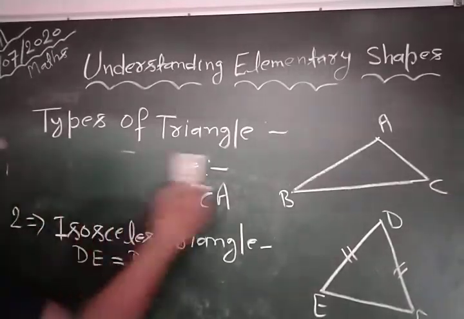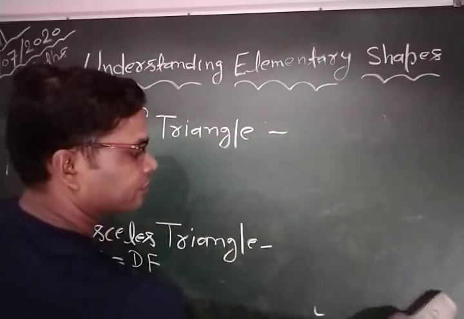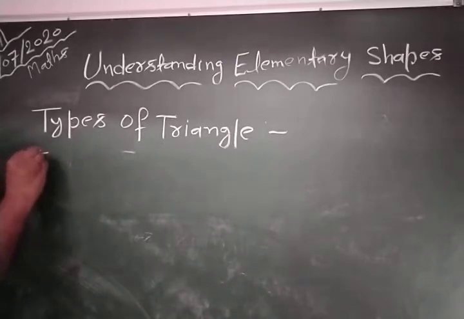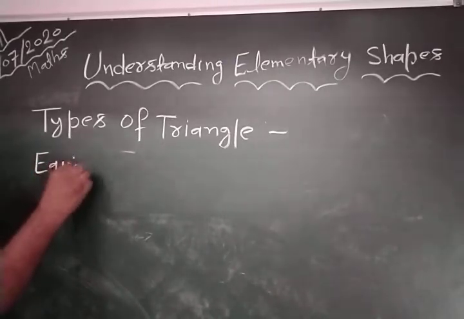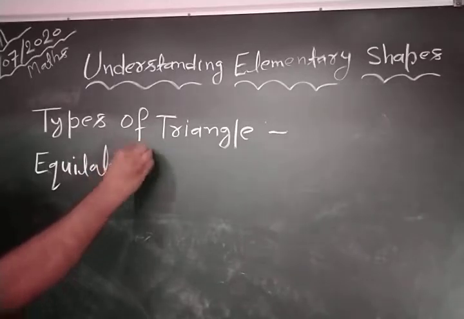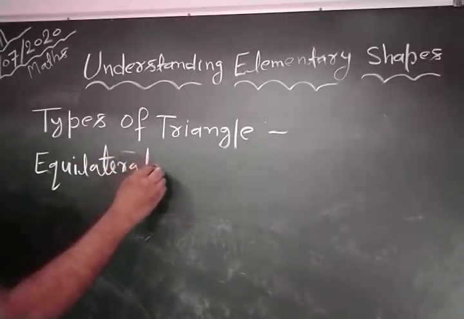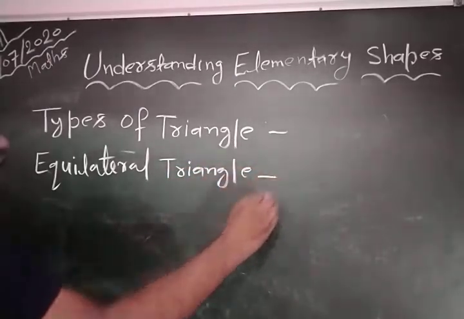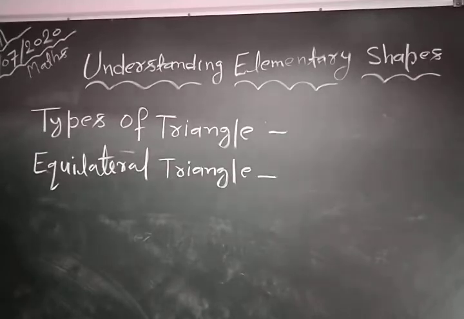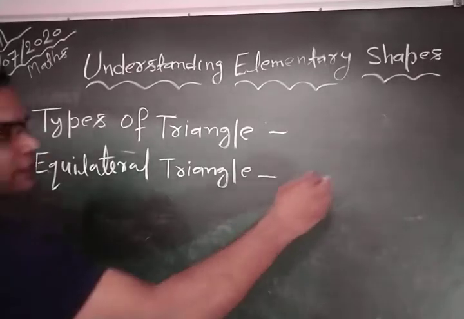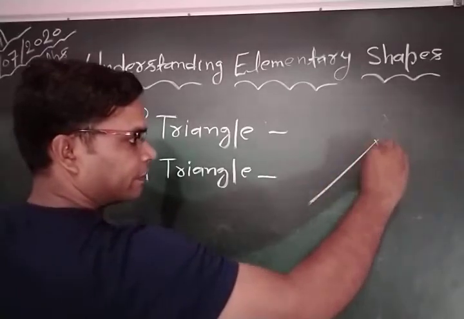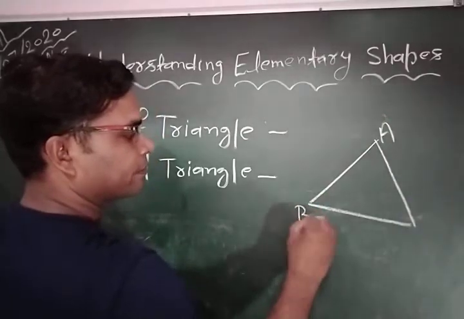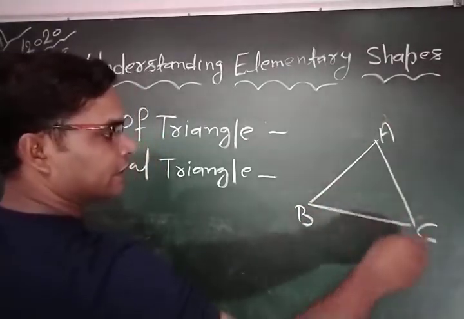Now we are going to discuss the third type of triangle, the equilateral triangle. In equilateral triangles, all sides are equal. In this triangle, all sides are equal. Like this, you can see AB, BC, CA.